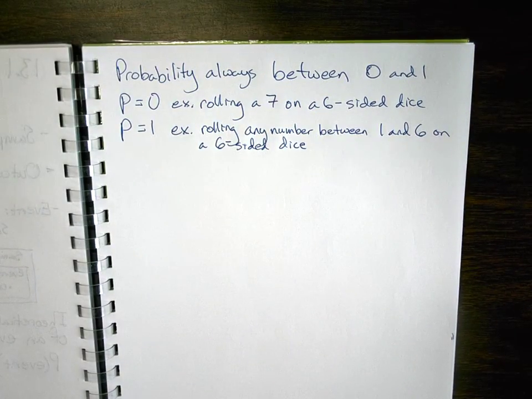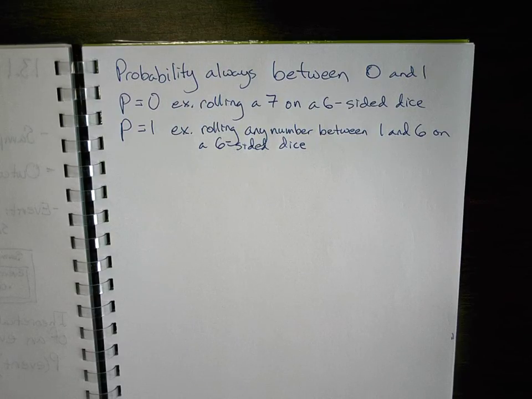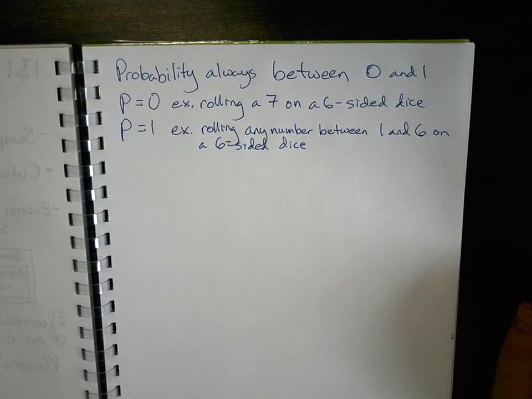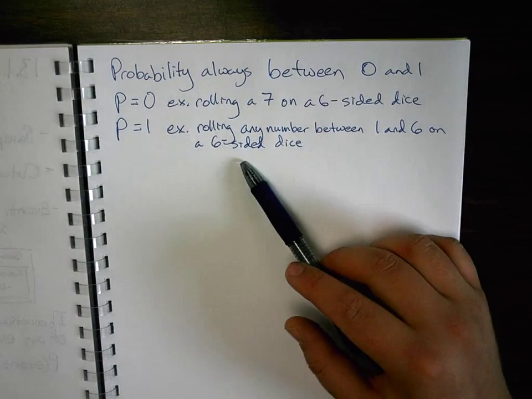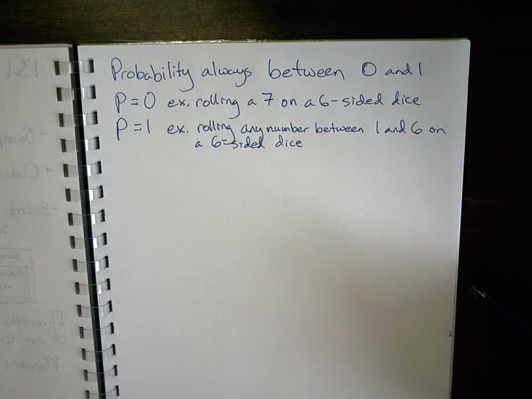Okay, so another way to think about it is the number of favorable outcomes, the number of outcomes you want. Like when we said, what's the probability of rolling a 2 on a 6-sided dice? Our favorable outcome was 2, one of those numbers. If my favorable outcome is rolling a 7 on a 6-sided die, well, there are no 7s. There are 0 7s on a 6-sided die.